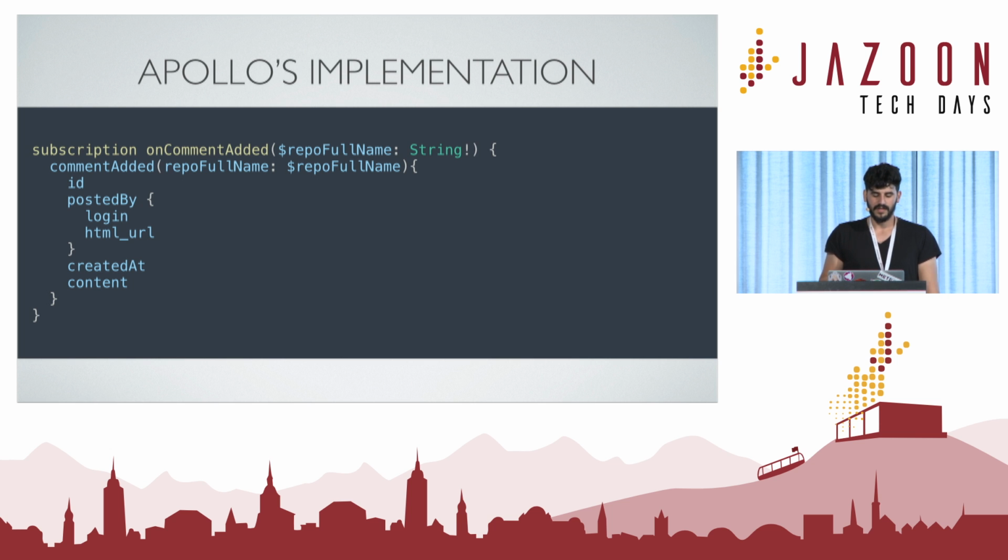Now let's take a look at our client. So we first defined a subscription query. It looks exactly like a regular query, but it will be executed only when an event is fired.